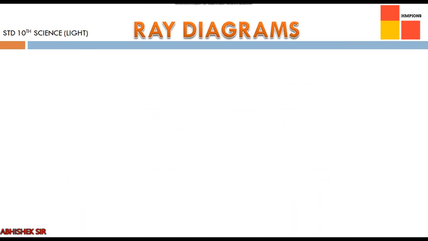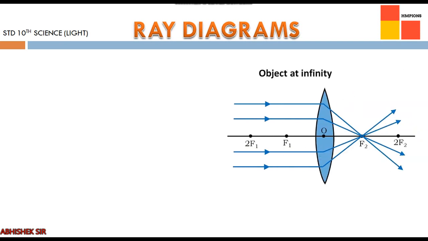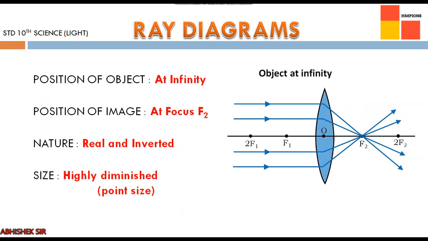In this topic we will discuss how image formation happens by a convex lens, and then two examples of concave lens image formation we will also see. Note that in ray diagrams, focus on the figure and take care of four things: position of object, position of image, nature of image, and size.